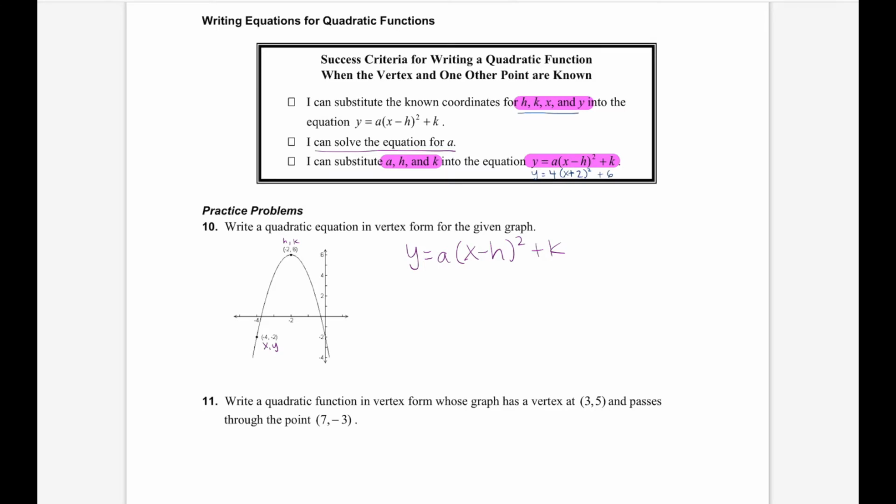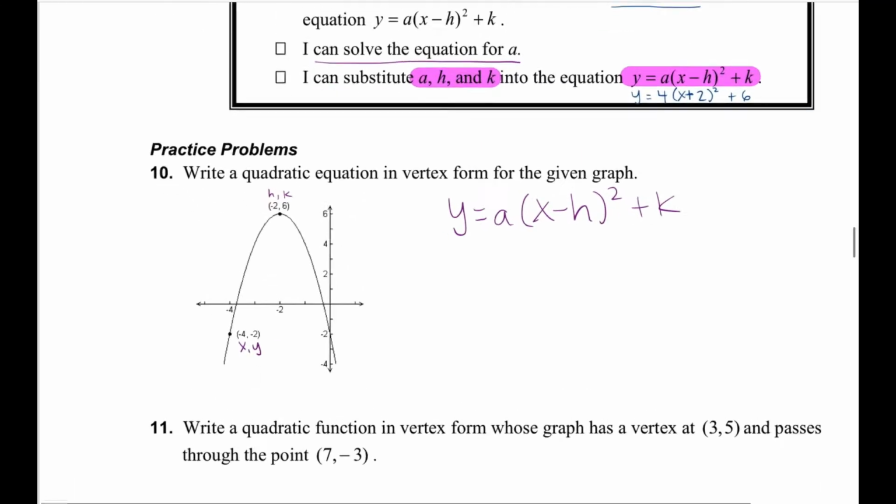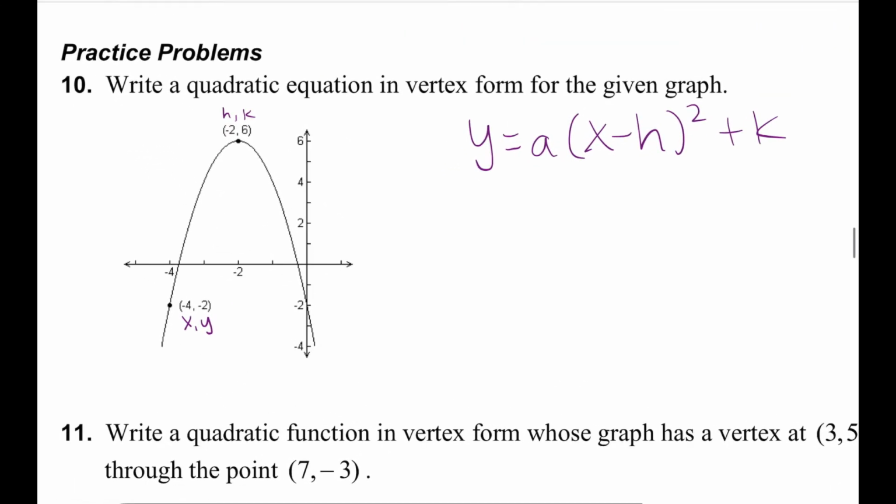So when we do this, we need to put in our h, k and our x, y. If you look here, my vertex is always my h, k, and my other point is always my x, y. So I have negative 2 equals my a times my x, which is my negative 4.